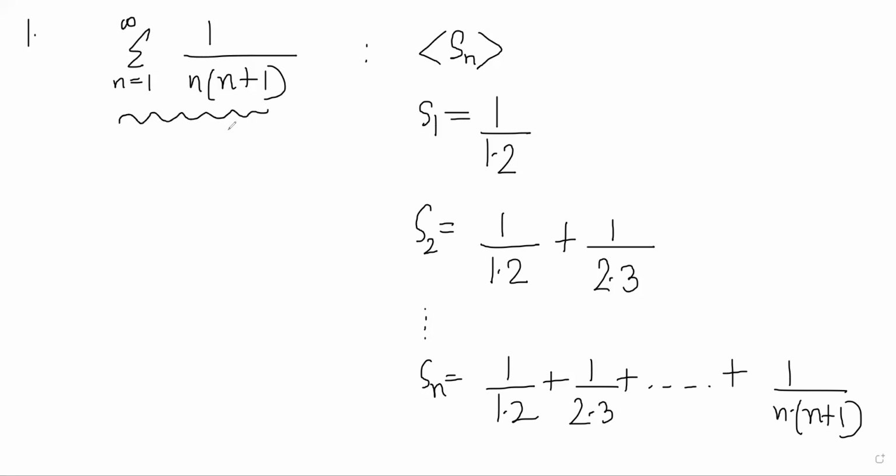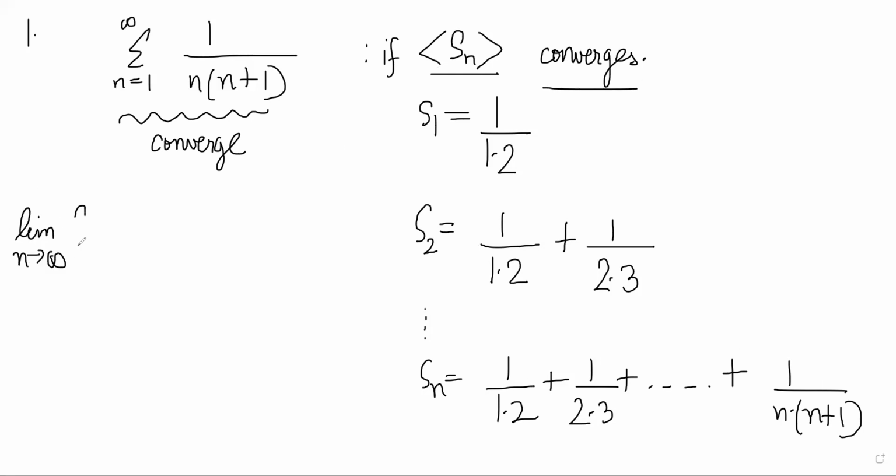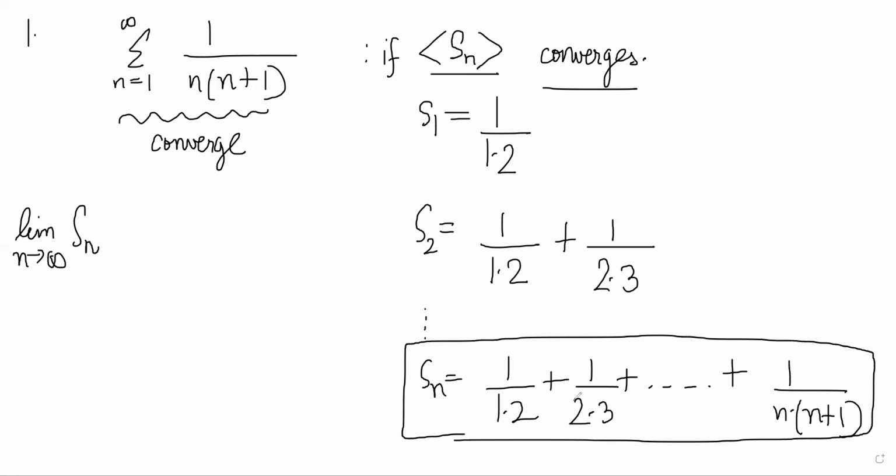So this sum is going to converge if this sequence converges, right? So you have to find out the limit as n tends to infinity of Sn. This thing should be finite, and now you can split.